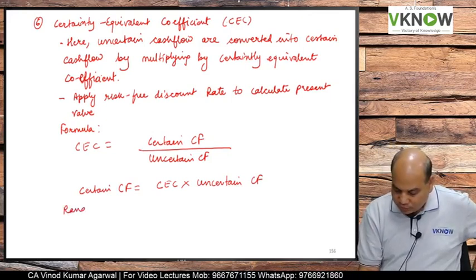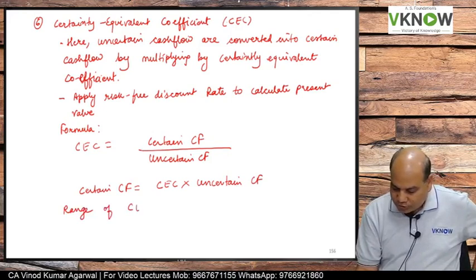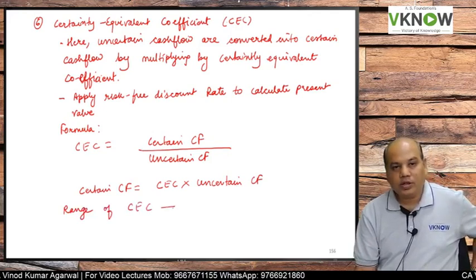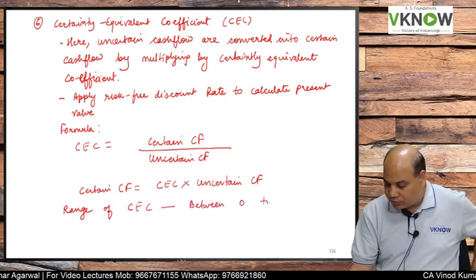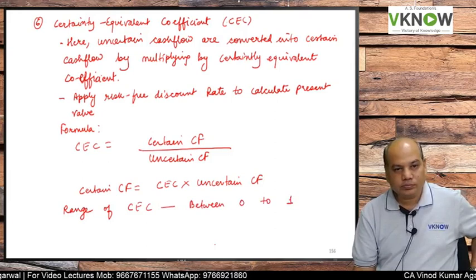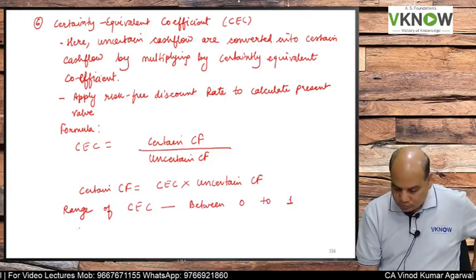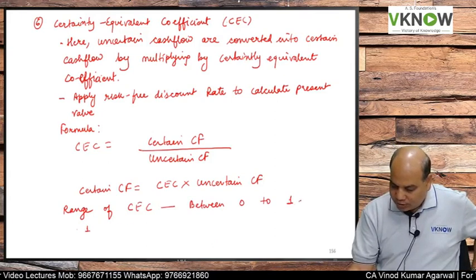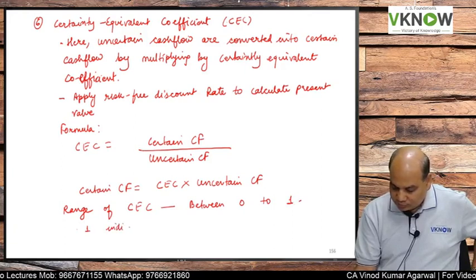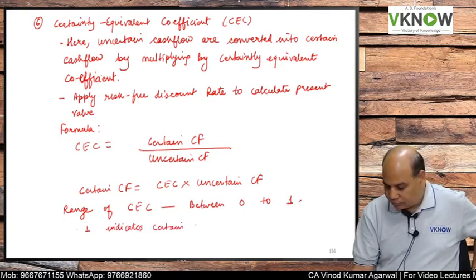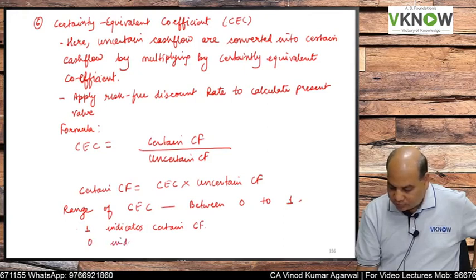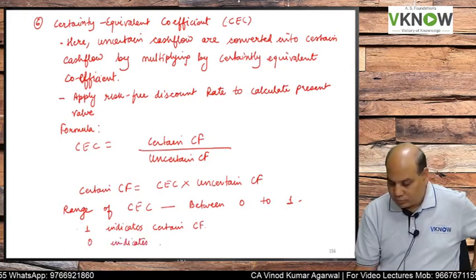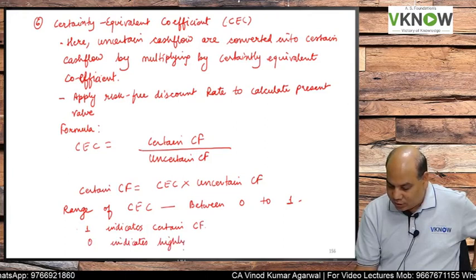Then write down the range of CEC. What is the range of CEC? Between 0 to 1. 1 indicates certain cash flow. 0 indicates highly uncertain cash flow.